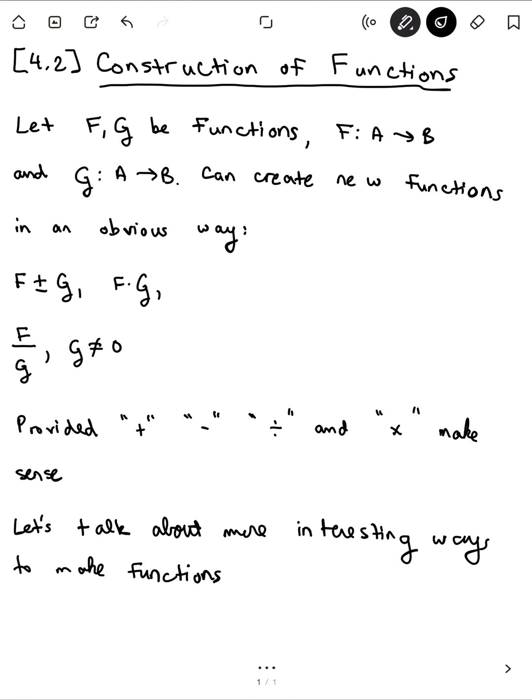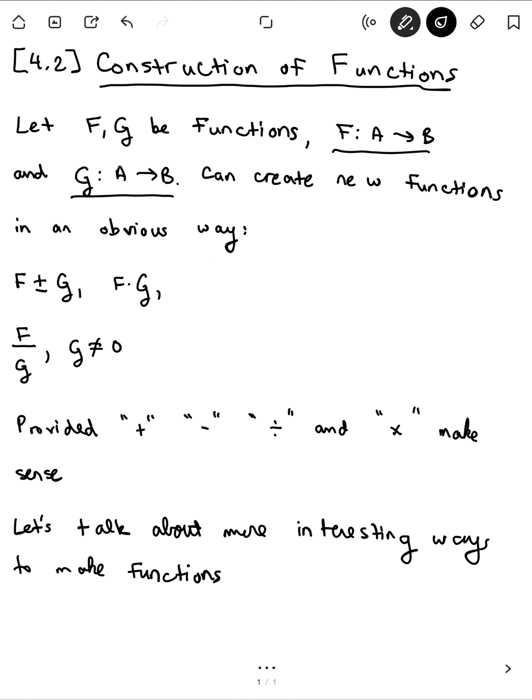I have some notes already written down here for you guys to look at, because given some functions, there are some obvious ways we can think of creating new types of functions from the functions that we already have. So for example, if I'm given two functions f and g, both mapping A onto B, where A and B are sets, you can create new functions in a very obvious way.